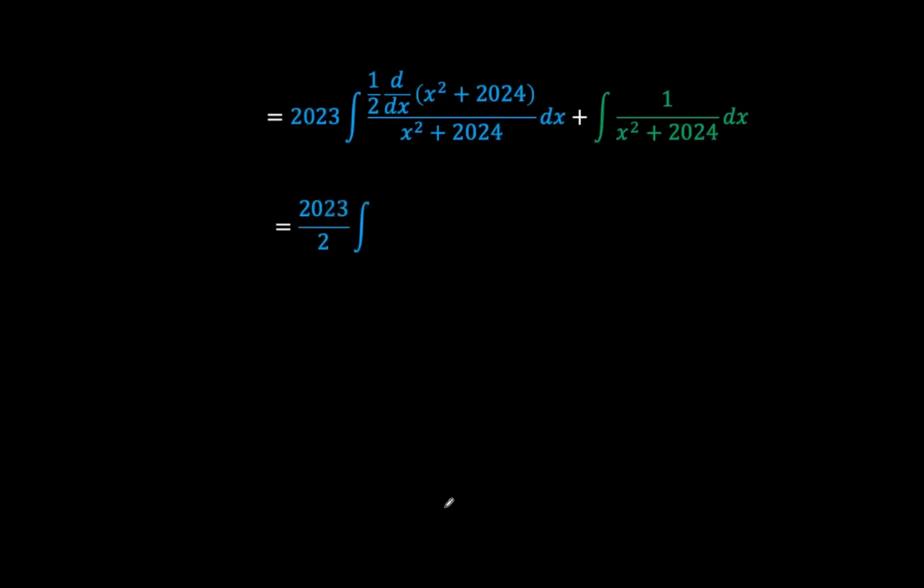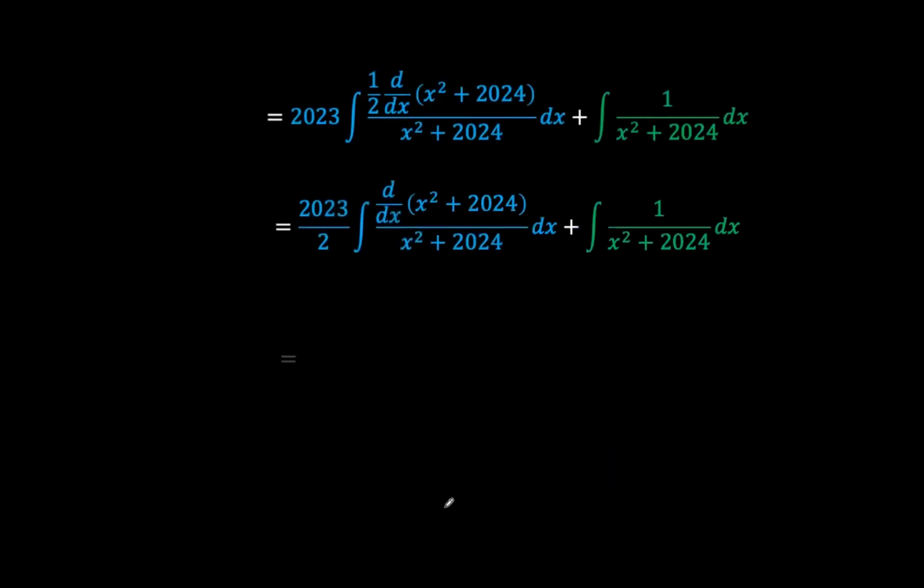So essentially, we can pull the half out, and we have 2023 over 2 times the natural logarithm of x squared plus 2024 as the result of the blue integral.